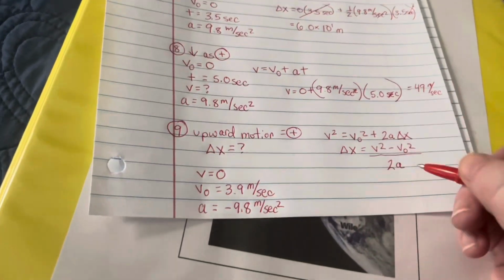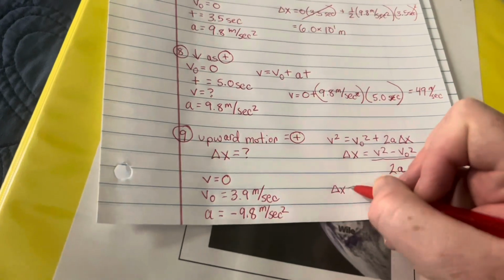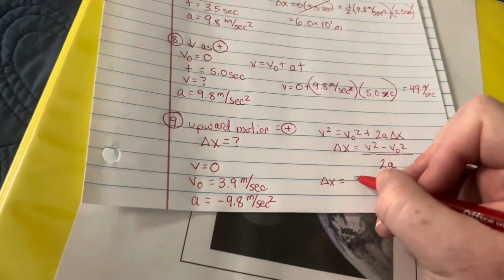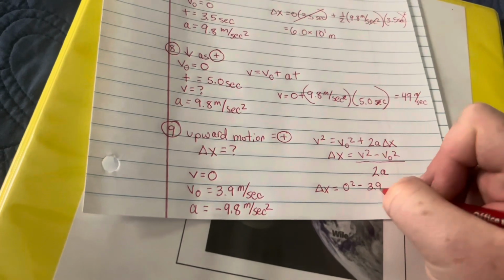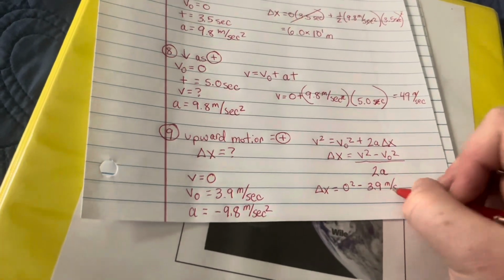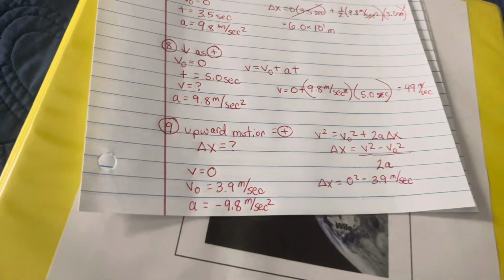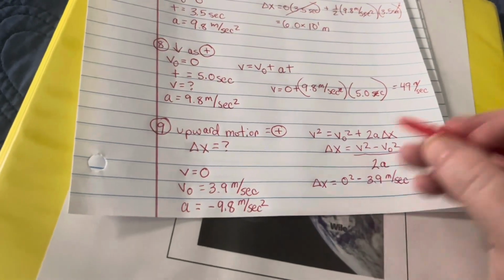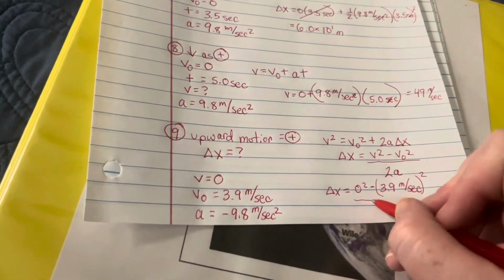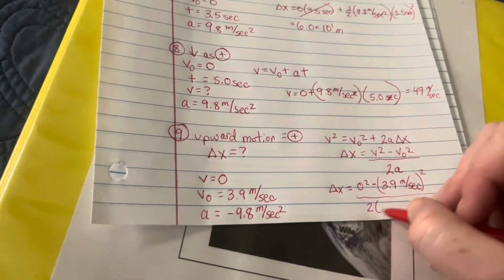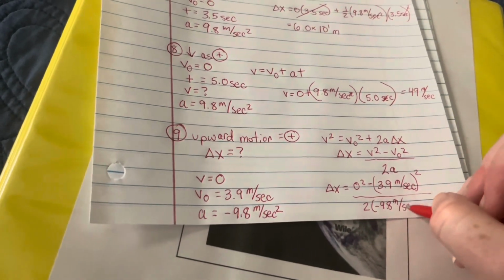Okay, so then when I plug my numbers in, I'm going to get 0 squared minus 3.9 meters per second, and I have to square that, over 2 times negative 9.8 meters per second squared.